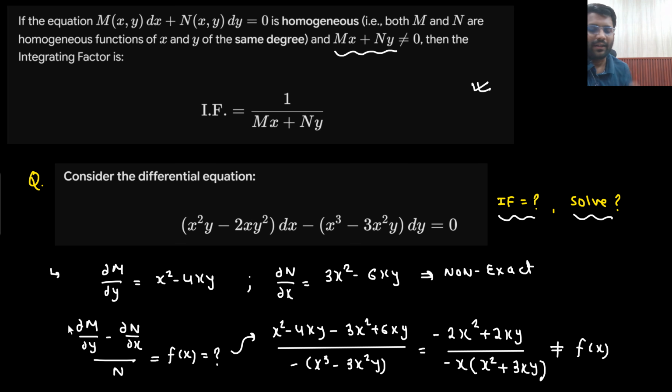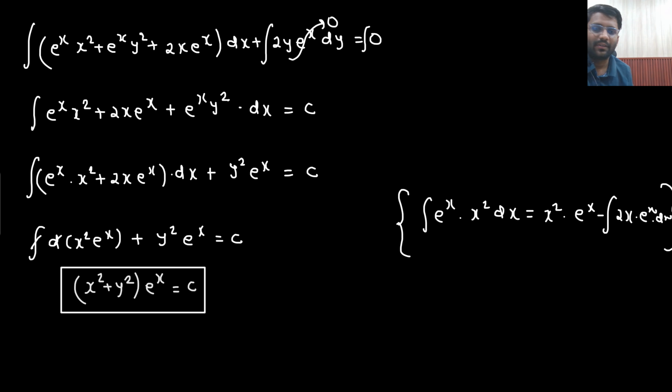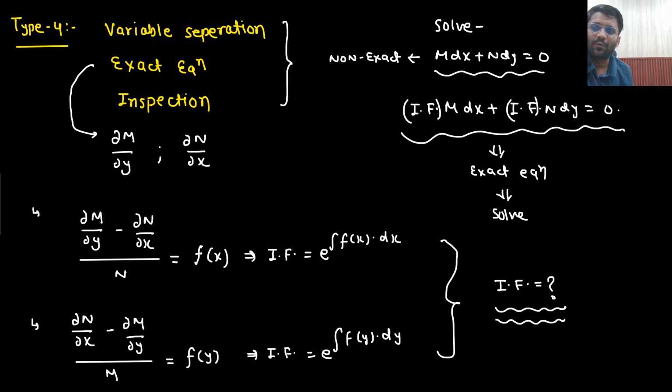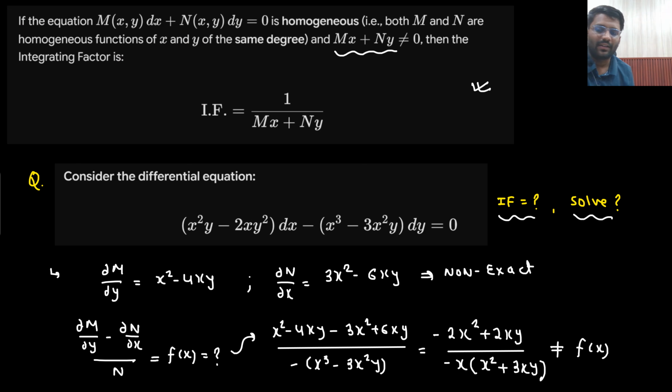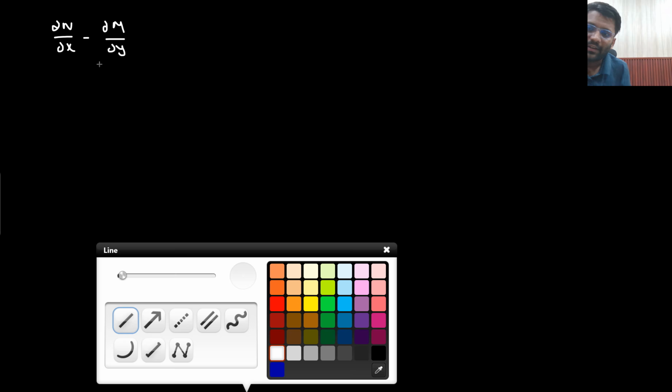So, sir, it feels like type 4 might not be working, right? Because this thing is not working. Now, next what will I try? Next I will try del N by del x minus del M by del y divided by M, to see if it comes out to be a function of y or not.